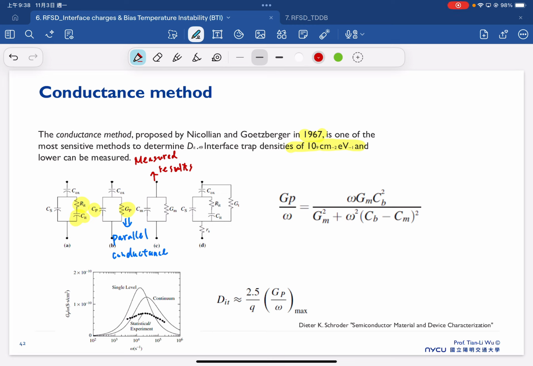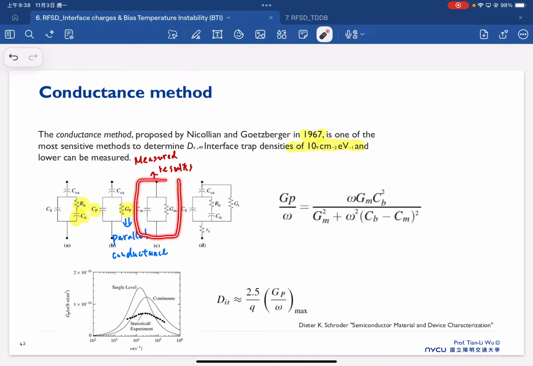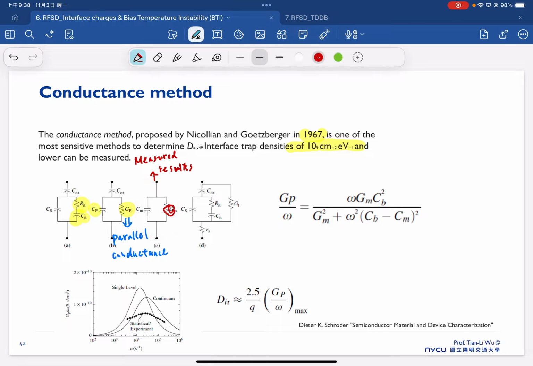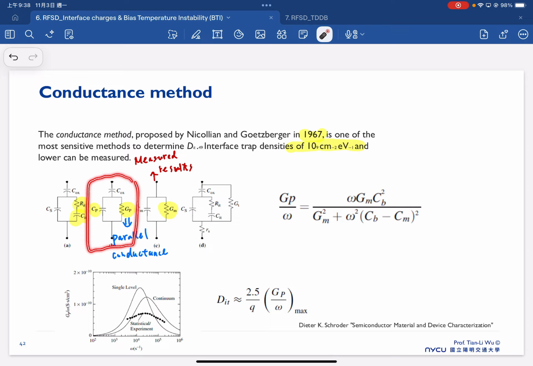Therefore, what we have to do is compare this measurement result, where we have the measured conductance, to the case with the parallel capacitance and the parallel conductance.